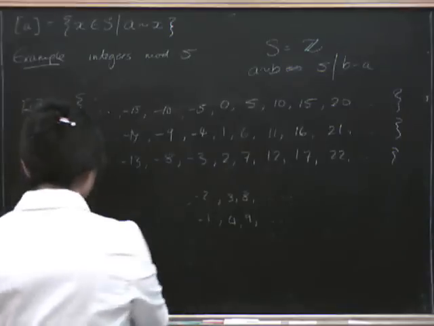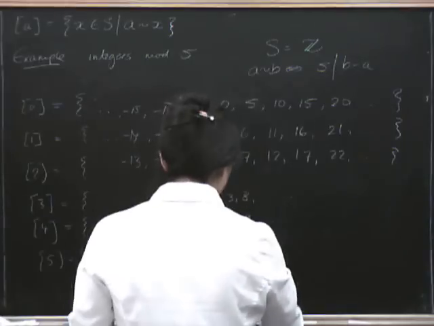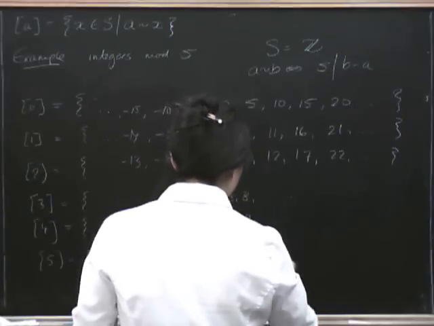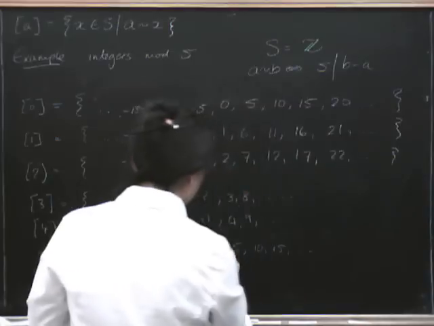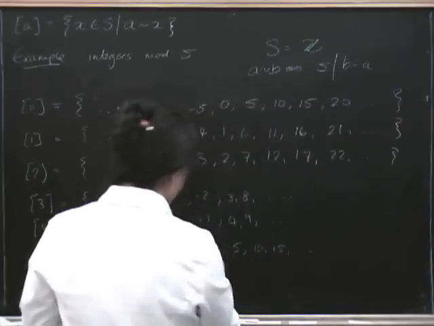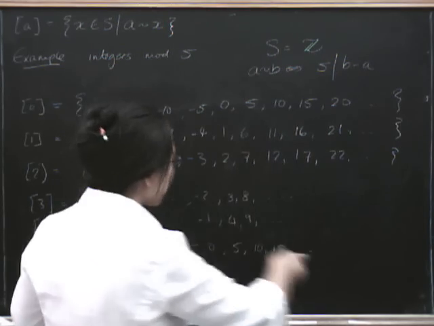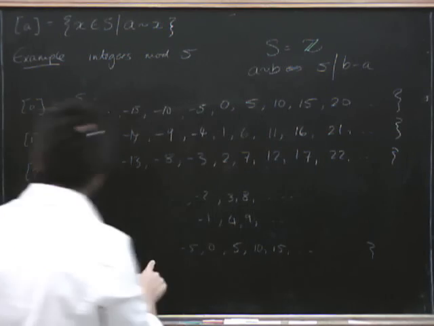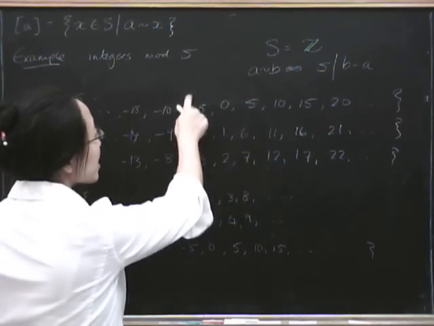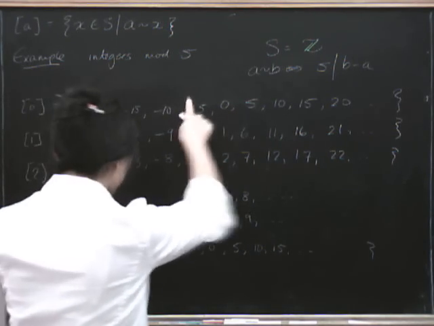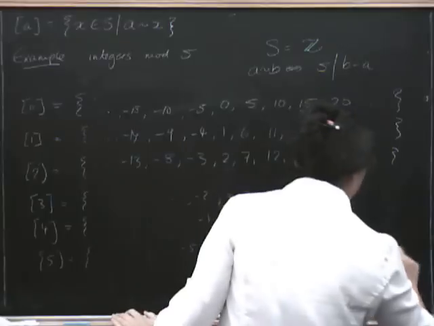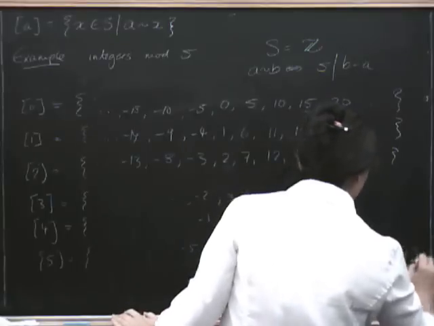Well, the equivalence class of 5 is going to have 5 in the middle, and 10, 15, and so on, and 0, and minus 5. Now, it doesn't matter how the numbers line up with the numbers up there, right? But you can see that the equivalence class of 5 is going to have exactly the same numbers in as the equivalence class of 0. So this is the same as the equivalence class of 0.